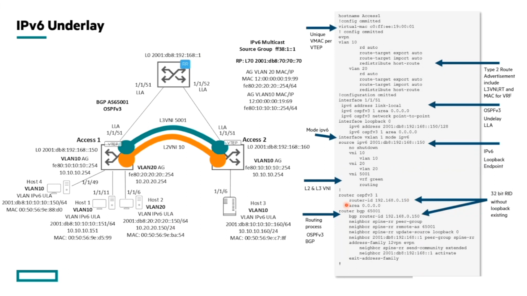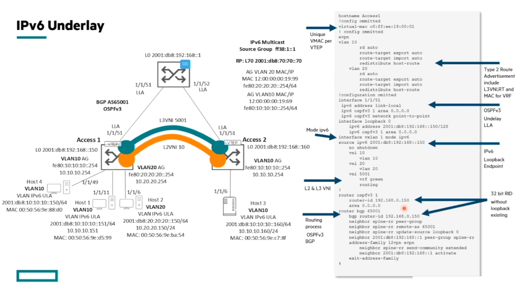In terms of the VXLAN VNI mappings, it's very much the same as it was for v4. Then we have OSPFv3 for the underlay, and I've simply put a router ID on that, as well as for BGP, which has a router ID. The RFC says that the router ID is a 32-bit address, so we just use a 32-bit address.